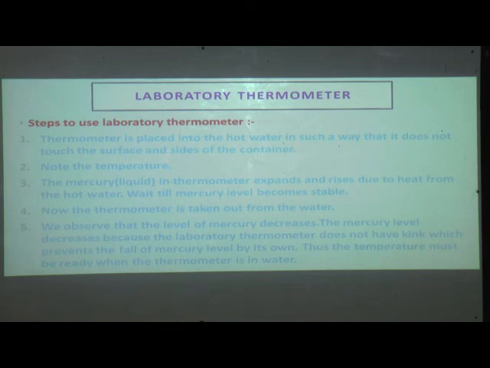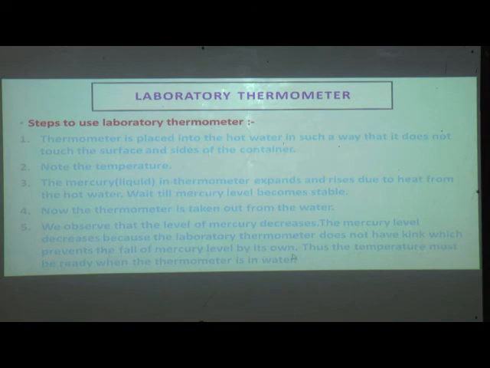When we take out the thermometer from the hot water, the mercury level decreases again, because the laboratory thermometer does not have a kink, which prevents the fall of the mercury level by its own.